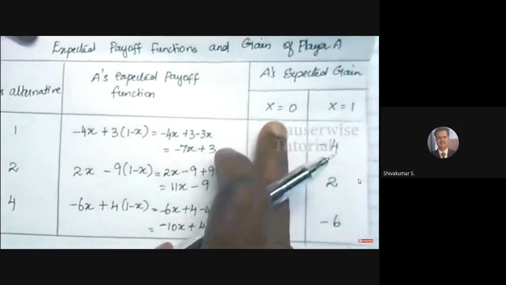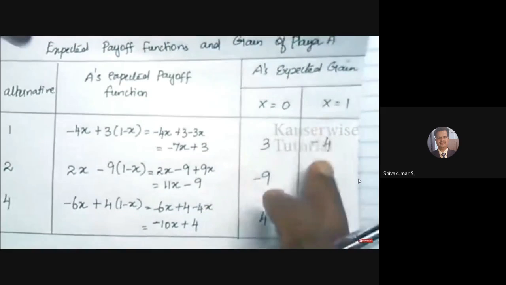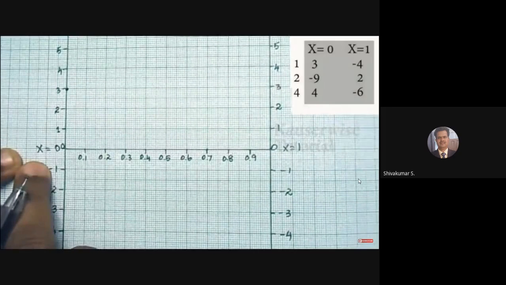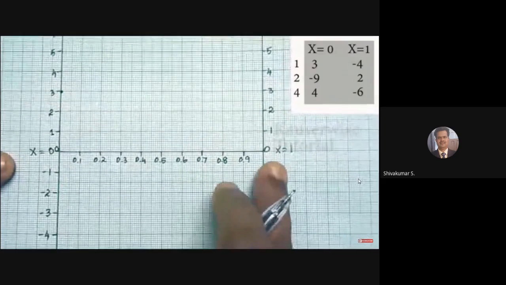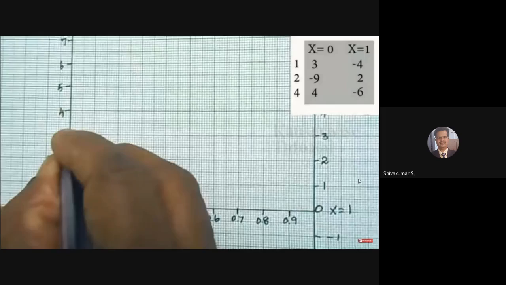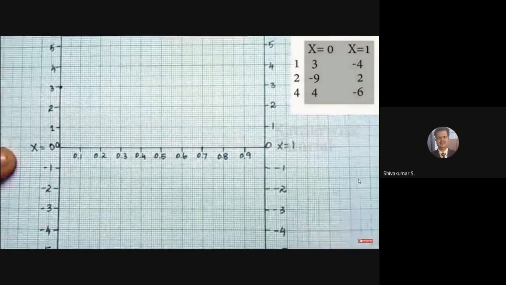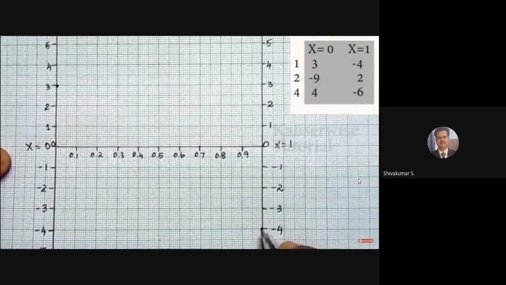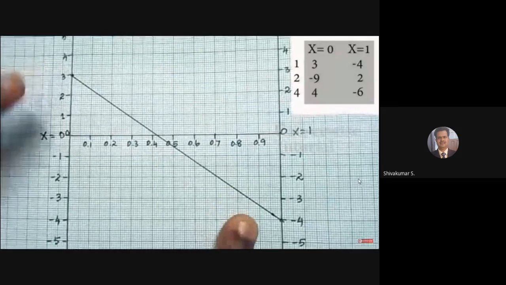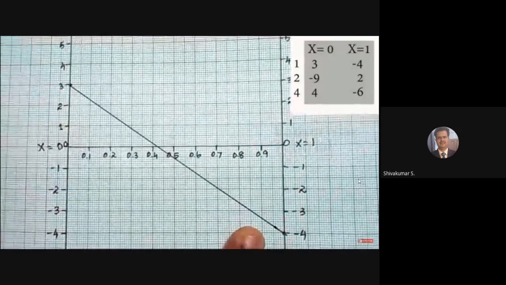When x is equal to 0, the value is 3. When x is equal to 1, the gain is minus 4. Now, just draw a line. This line represents the expected payoff function when B plays the first alternative.